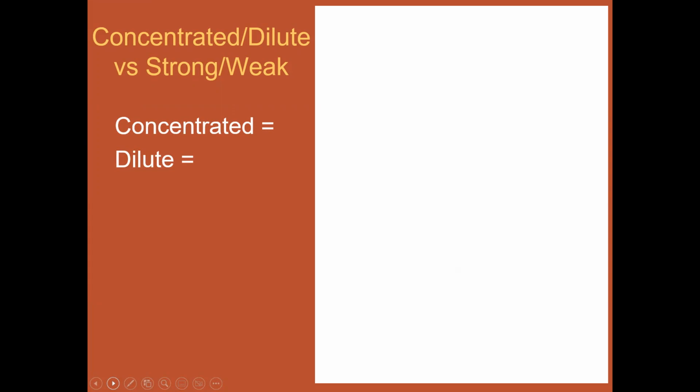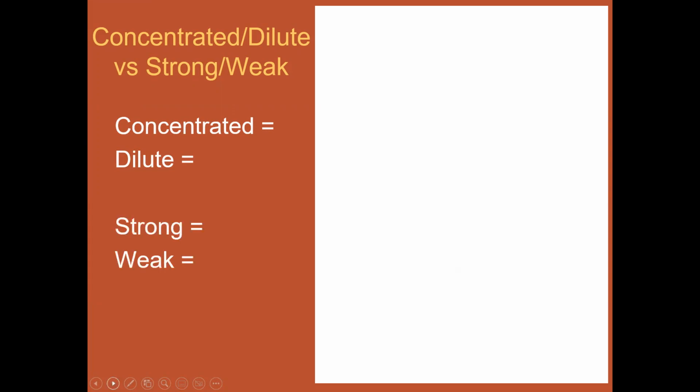There's a lot dissolved in that given volume, whereas dilute refers to a lower molarity. So there's not a lot of particles in that given volume. So we tend to look at molarity when determining if something is concentrated or dilute.